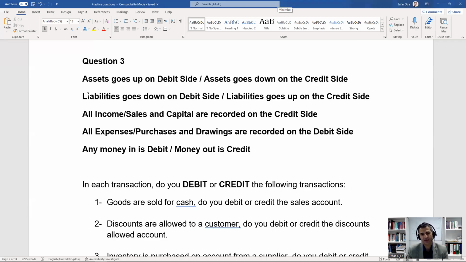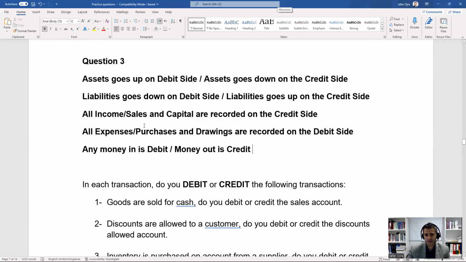Any money out means it's outside. So the business bought goods with cash. Always for money out, you credit the bank. But this is related only to the bank.